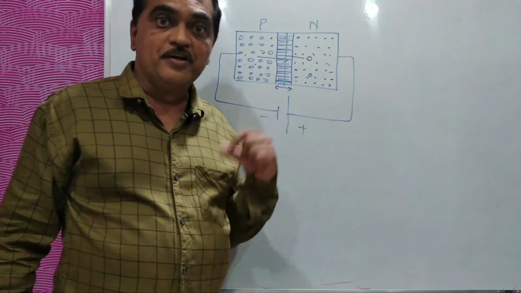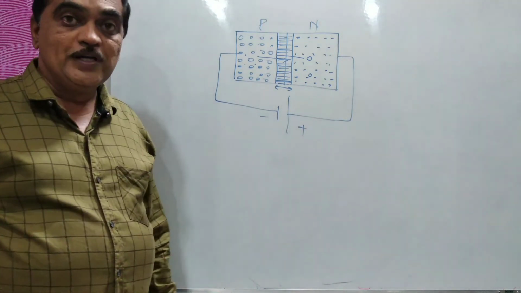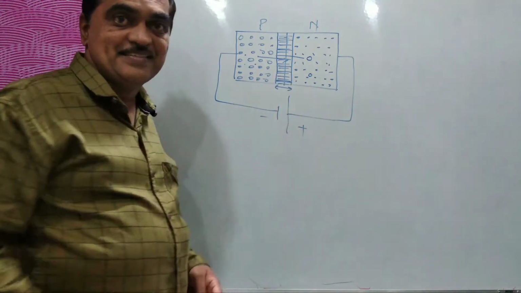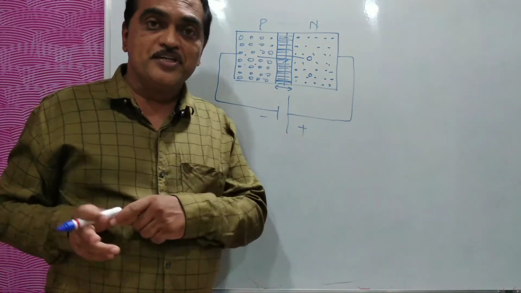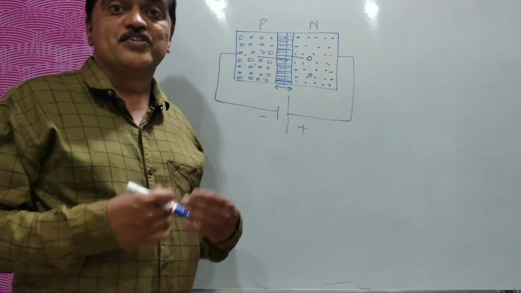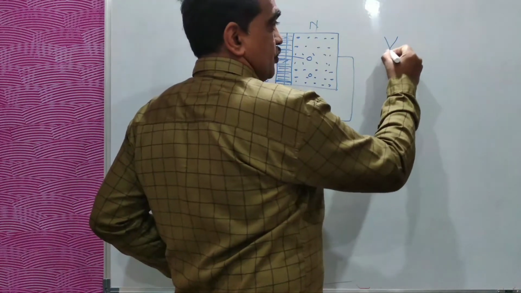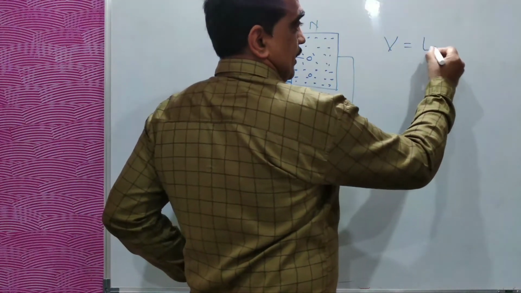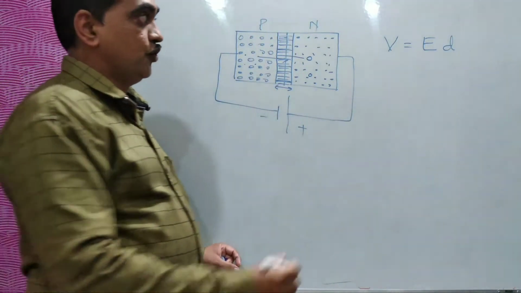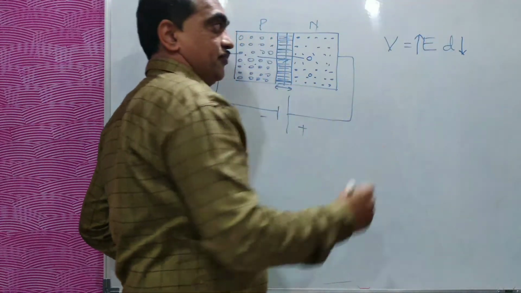In a Zener diode, the electric field will be more because the distance is less. Similarly, in a PN junction diode, the electric field will be less because the distance is more. Because we have V equal to electric field multiplied by distance, if distance decreases, the electric field has to increase.